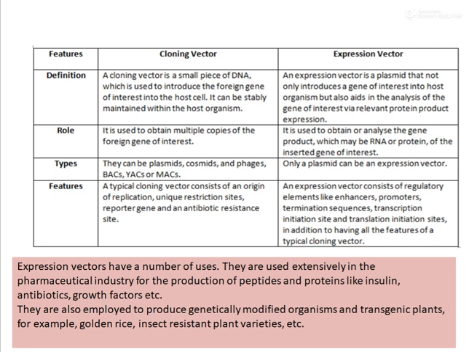So when you need to find out the expression of a particular gene or DNA segment, you use an expression vector. But if you just want to find out its sequence, or produce multiple copies of a foreign gene of interest, you mainly use a cloning vector.